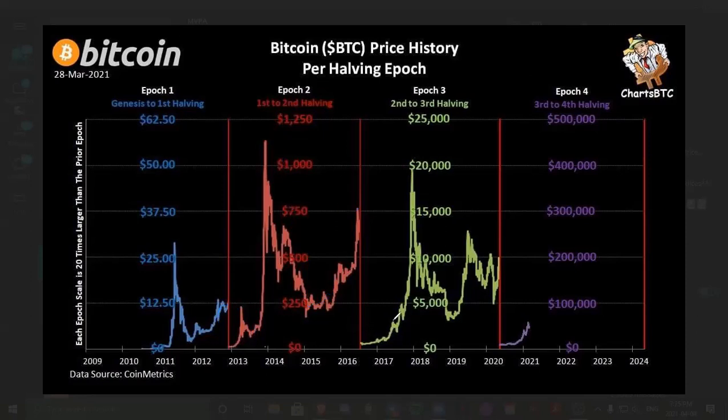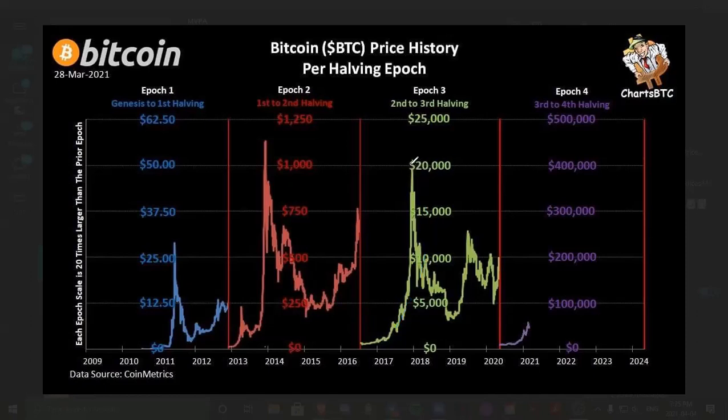Third halving, this is where the second halving took place, right here. This is where all this took place. Third halving, price pushed up from the 750s all the way up to 20,000, which made it all time high on Bitcoin and made Bitcoin the best investment in the world that the world has never seen.